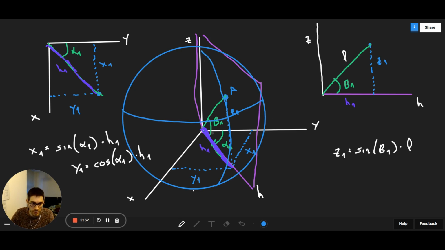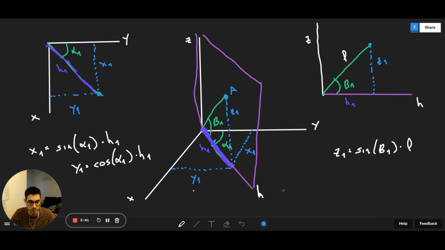So this sphere is centered about the center of the coordinate axis and is located at a distance 1 from the center. Like any point in the surface of the sphere is located at a distance 1, which means that L equals 1.